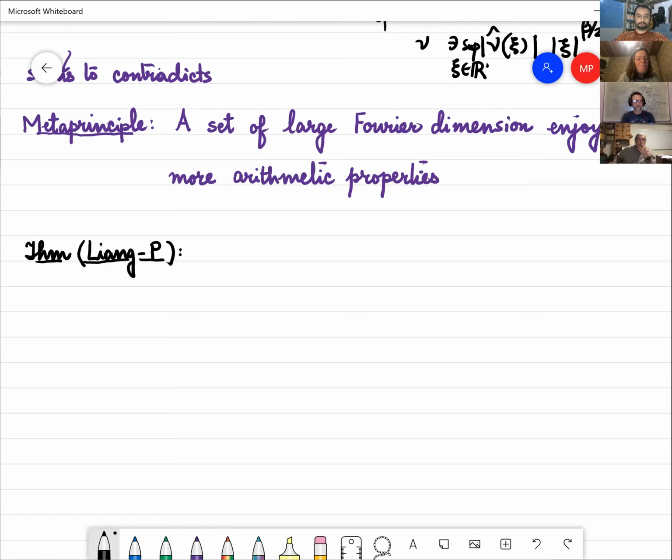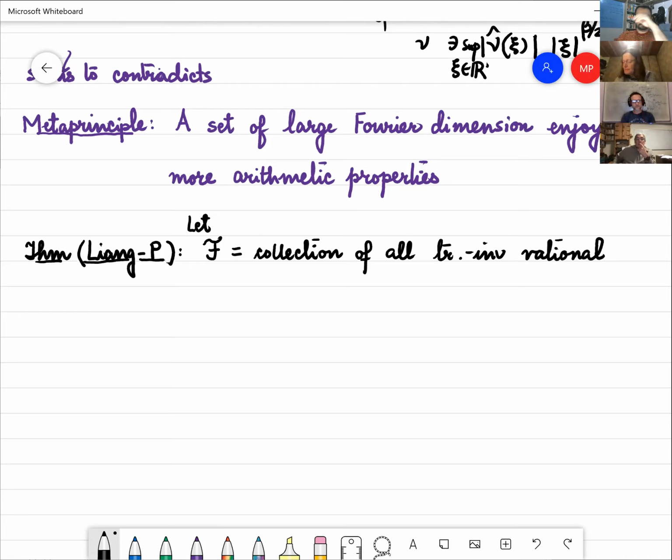Okay, so suppose that script F be the collection of all translation invariant rational equations of the following form.